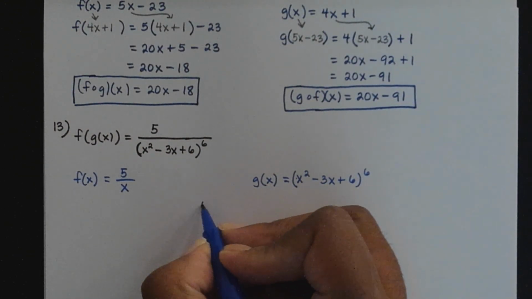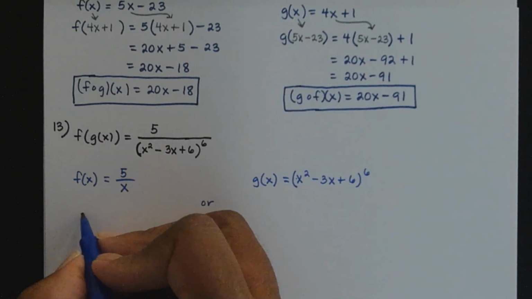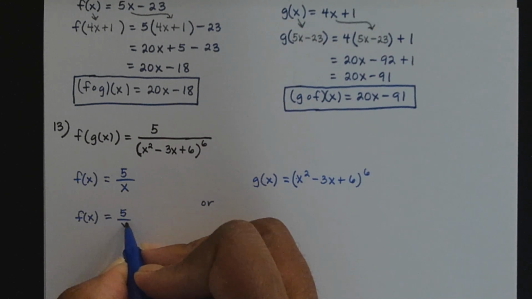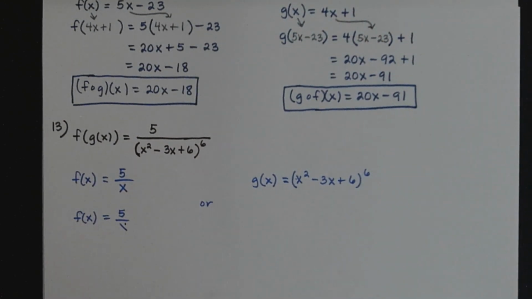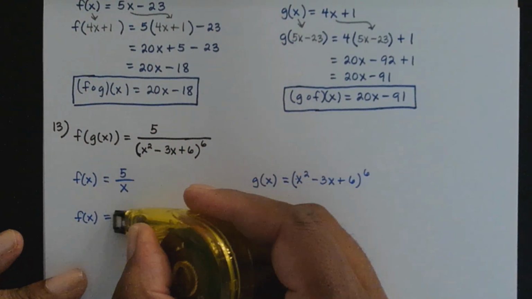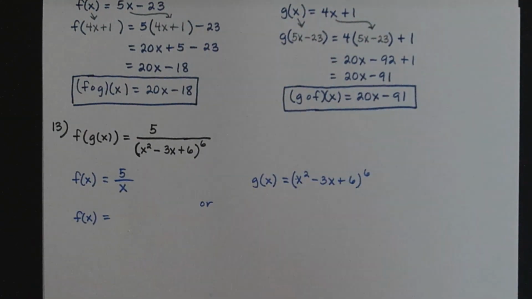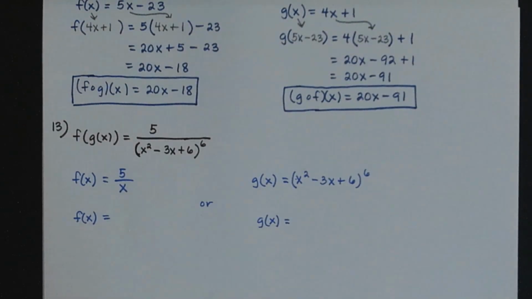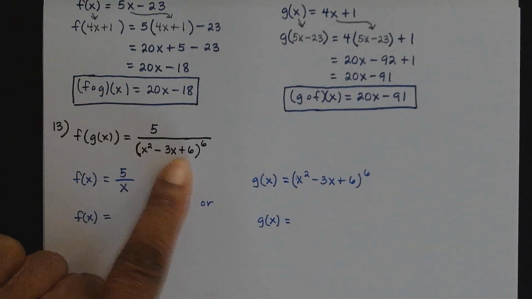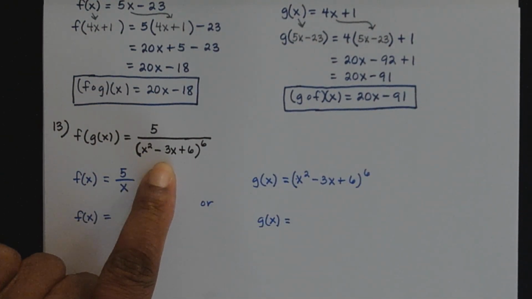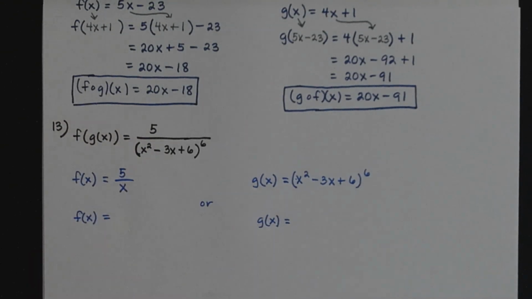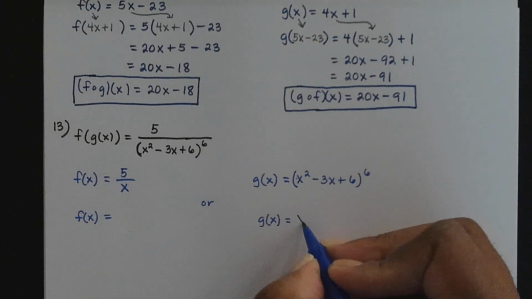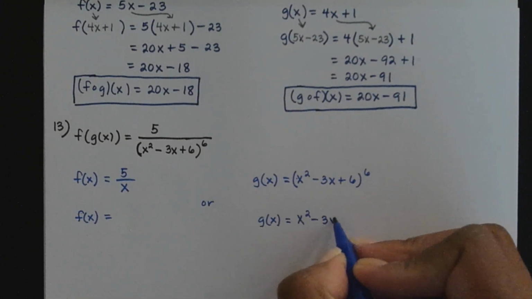Now, with this one, there's a couple of ways you could have written this for f of x and g of x. You could have let what's inside the parentheses be g of x, which will be that x squared minus 3x plus 6.